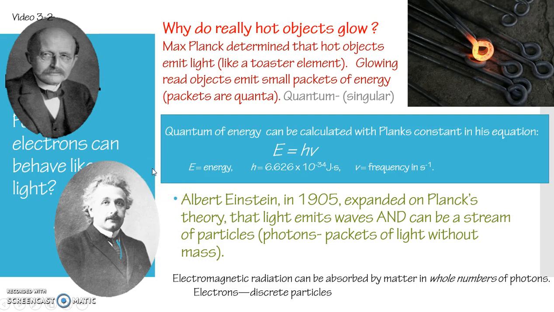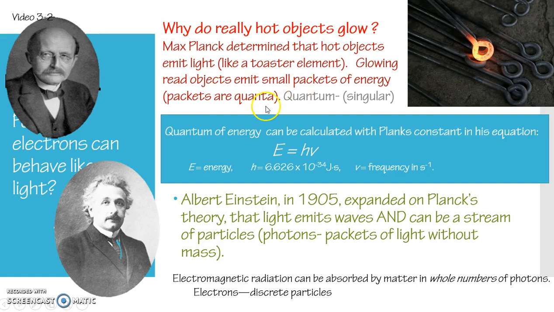They're saying, well, why do hot objects glow? Because this is the problem. Without the quantum theory, we don't have any way to describe how we are getting this energy to glow. So Max Planck, the scientist, decided that if hot objects are going to emit light, then we need a way to understand these small packets of energy that it's releasing, these quanta.